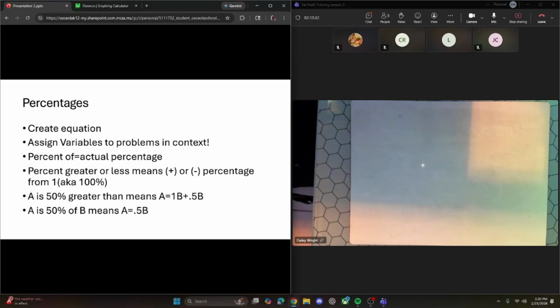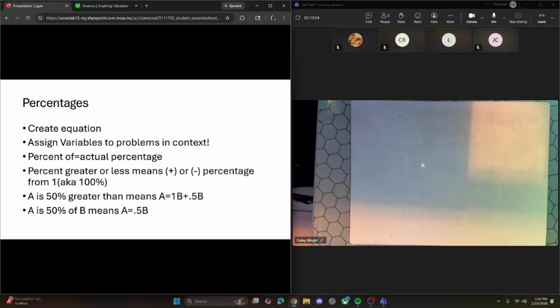So with percentages, the first thing you want to do before solving anything with these types of questions is create your equation. You always want to write down your equation on that piece of paper. Make sure you know what your equation is. And you want to assign variables to problems in context.